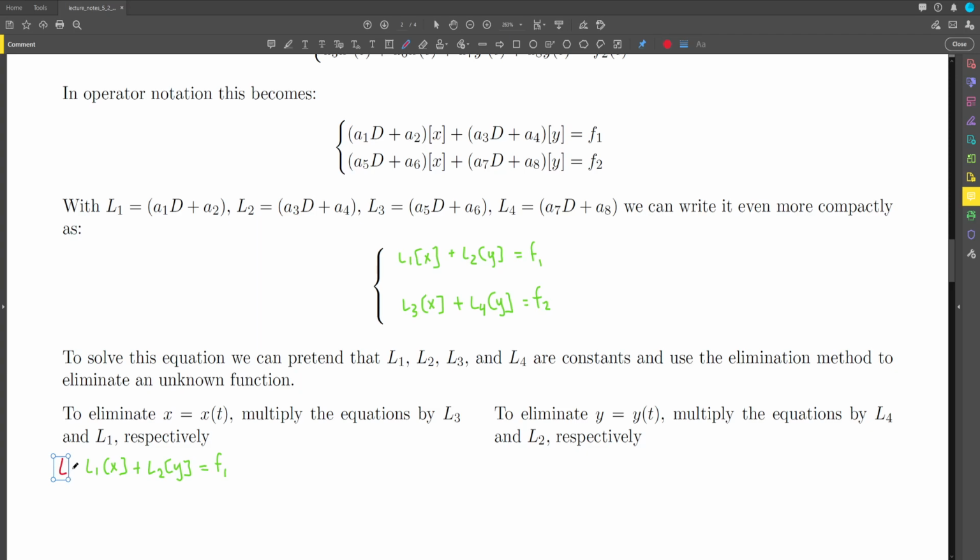If we multiply this by L3, it means we let L3 act on that first equation, and then we're going to let L1 act on the second equation.